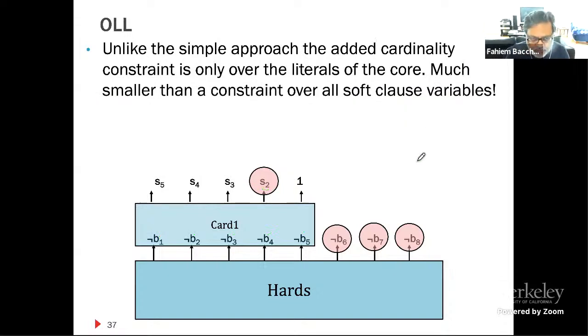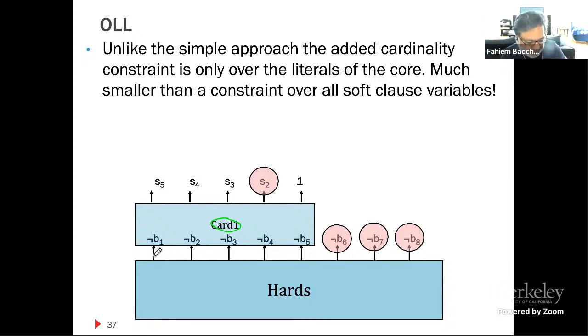So I assume all of those. Now I do a SAT solve again. But I want you to notice the first thing: I've built myself a cardinality constraint, but that cardinality constraint is over only the literals that appeared in the core, which is a much, much smaller subset than the set of all soft clauses.